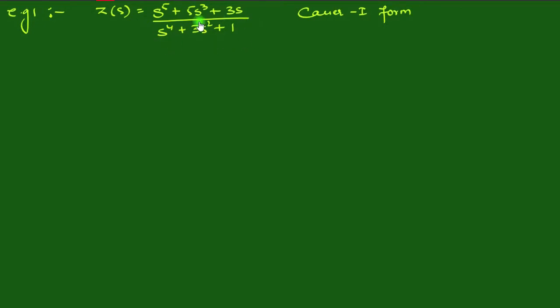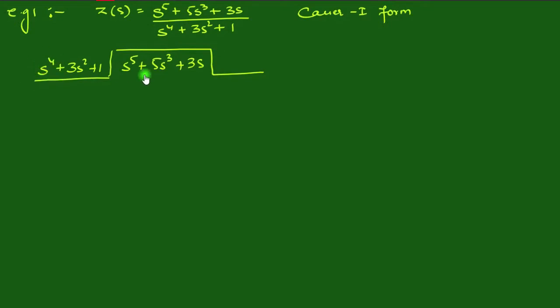To obtain the continued fraction expansion, we will divide the numerator by the denominator. So I'll consider s raised to power 4 plus 3s square plus 1 as the divisor, and in the dividend I will keep s raised to power 5 plus 5s cube plus 3s. In the divisor we have s raised to power 4 and in the dividend we have s raised to power 5.